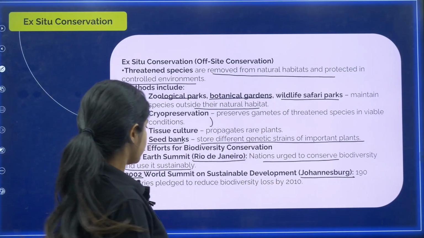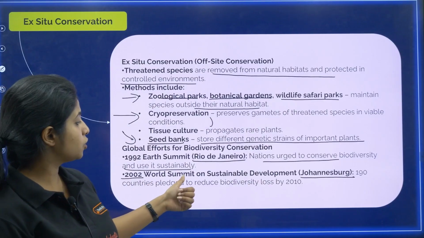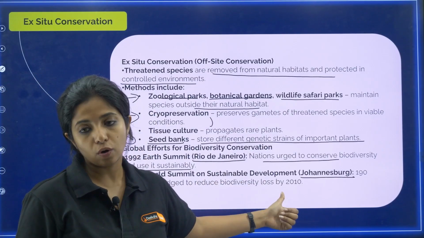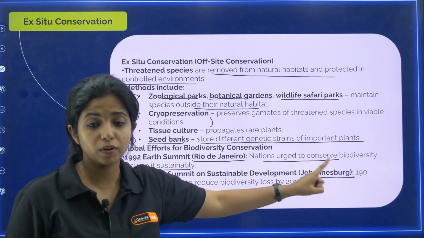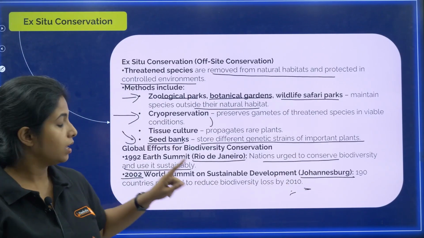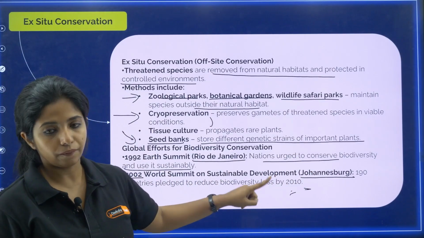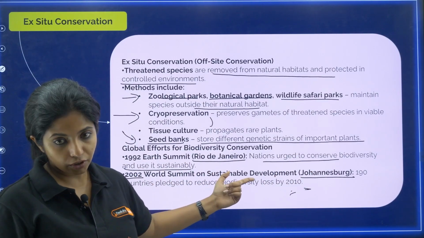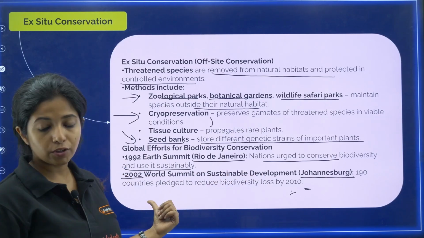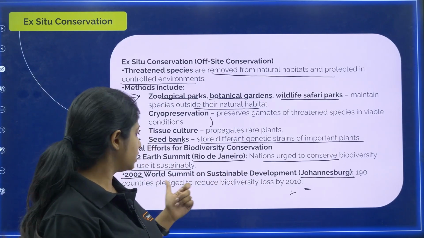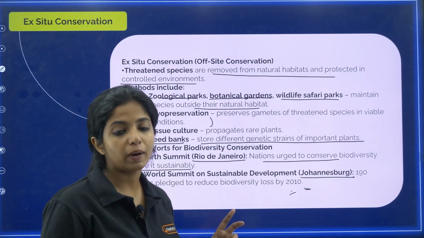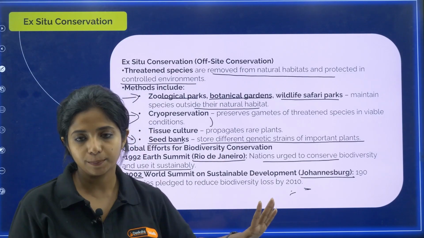Please remember, okay, over here 190 countries pledged to reduce biodiversity loss by 2010. It was done in Johannesburg. Please remember that. Earth Summit in Rio de Janeiro in 1992, 2002 World Summit on Sustainable Development in Johannesburg, and 190 countries pledged to what? Reduce biodiversity loss by the year 2010.